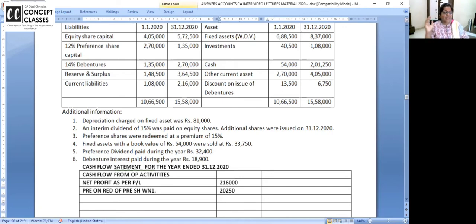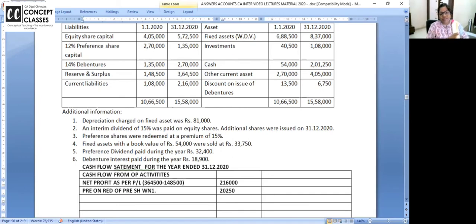The net profit, 2,16,000. All clear to all of you? If you want, you can write in brackets where the net profit came from. The reserves have become 364,500 minus 148,500. So that's the increase, which is nothing but the net profit.